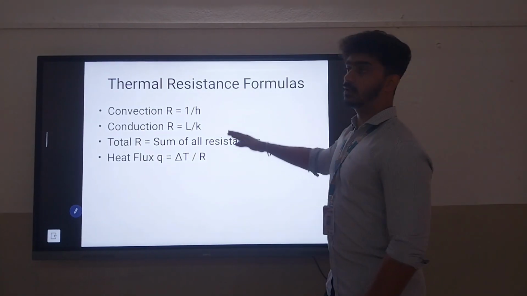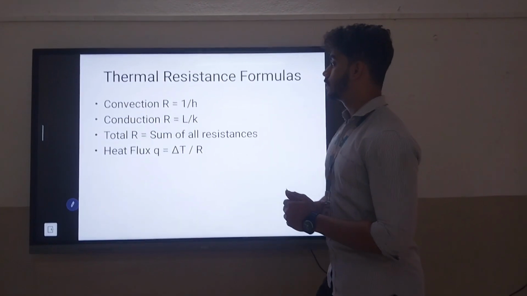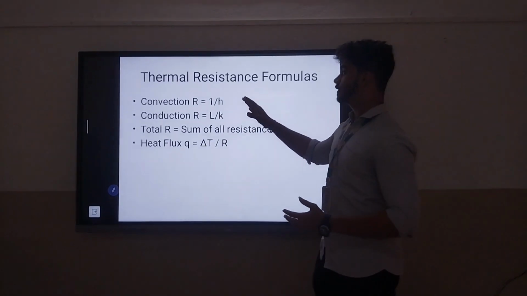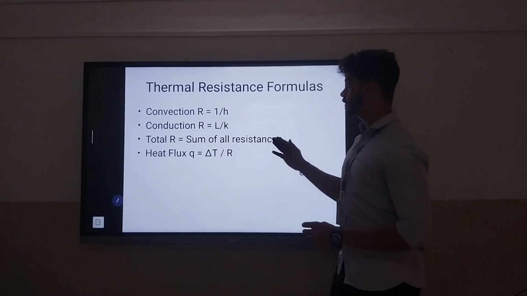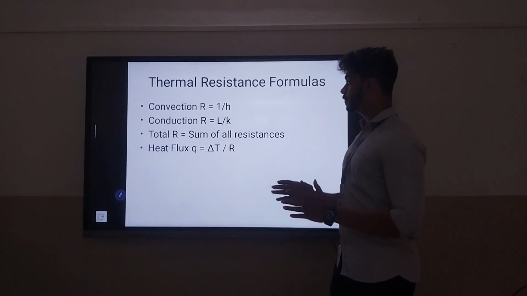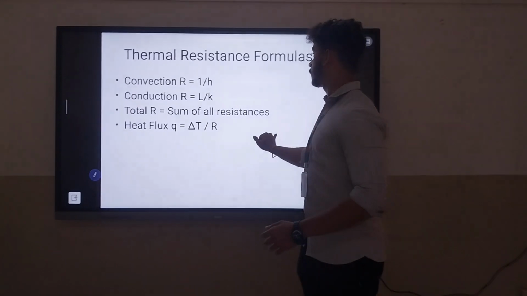These are some formulas that we are going to use for our next parameters. First of all, convection resistance R is 1 upon H, conduction resistance is L upon K, and for the total resistance we have to make the sum of all the resistances. Heat flux Q is delta T upon R. So here is the calculation for each layer.